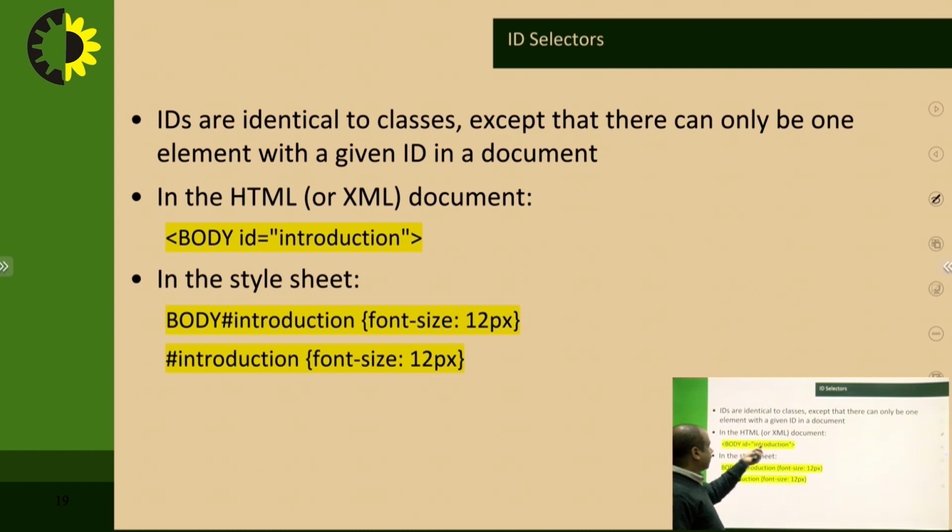The ID selector is represented by hash. So we can write either body hash introduction curly bracket start font size equal to 12 pixel, or only that particular hash introduction font size equal to 12 pixel. In both ways, it will be applied to the particular ID element.